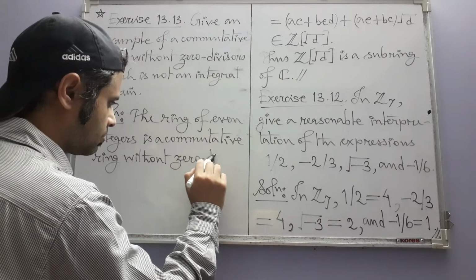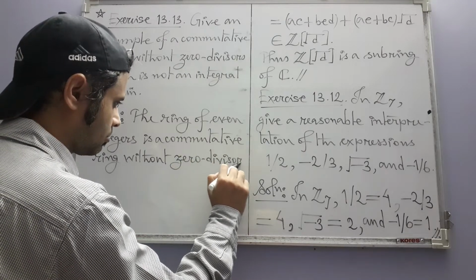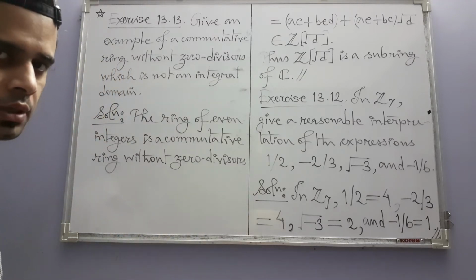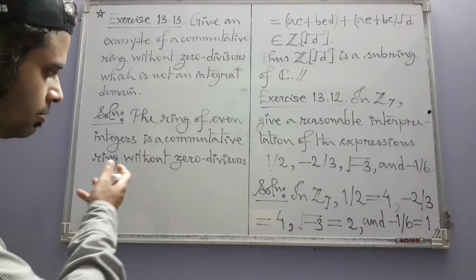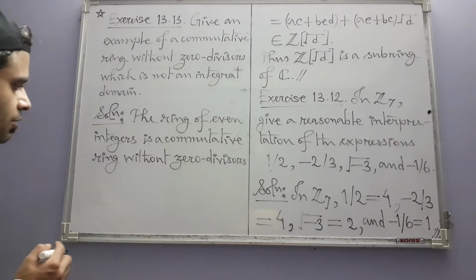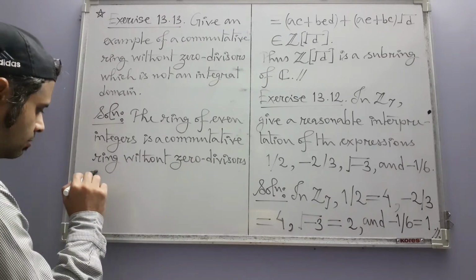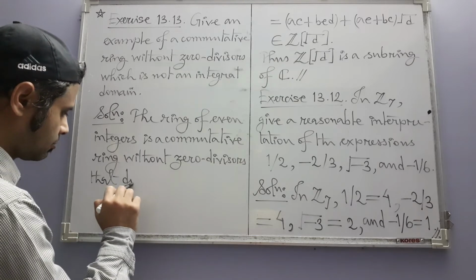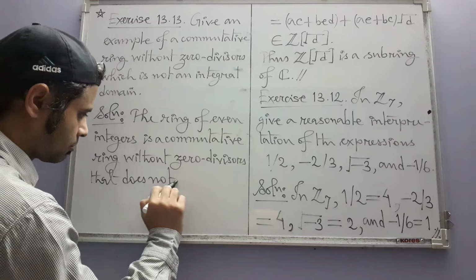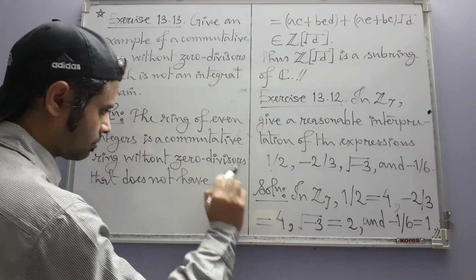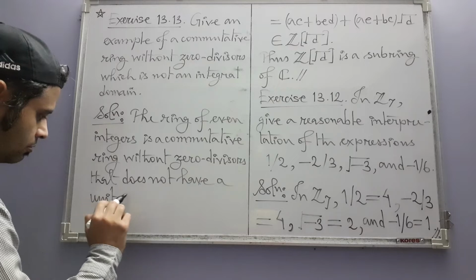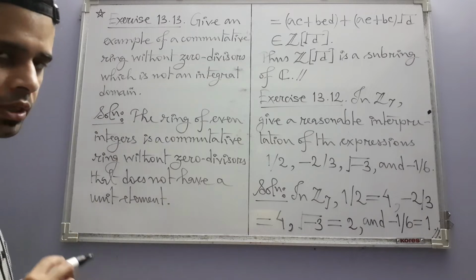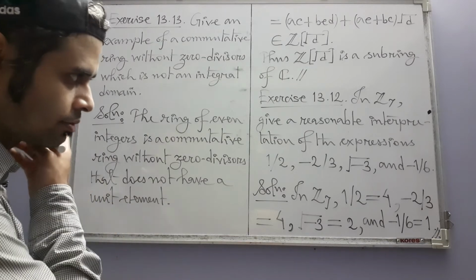That is because even integers are after all integers, and integers don't have any zero divisor among them. So these in particular also don't have any zero divisor. But this ring does not have a unit element. This part I want you to figure out: why exactly it does not have a unit element.